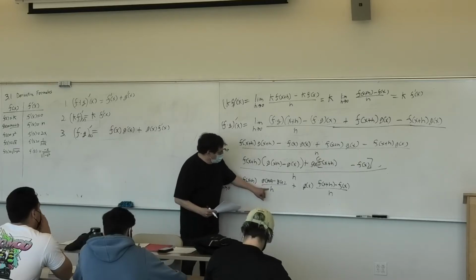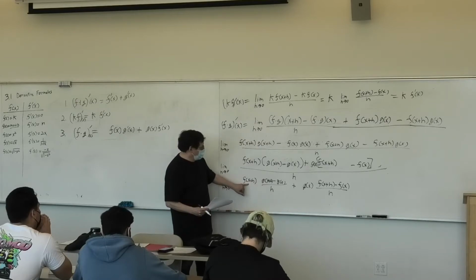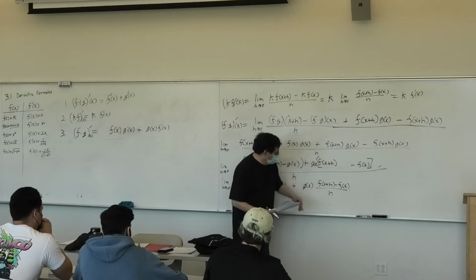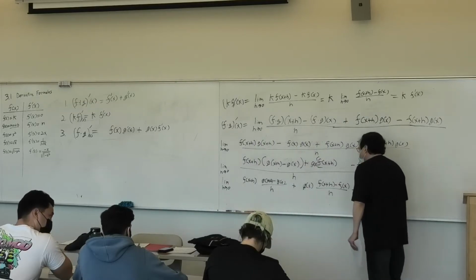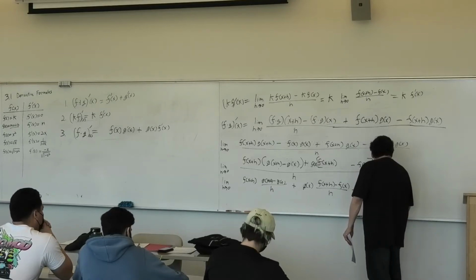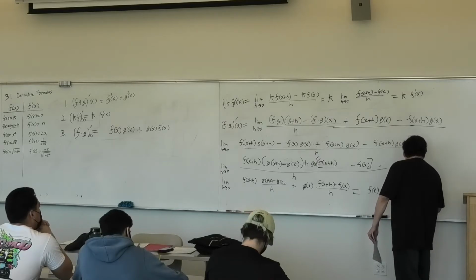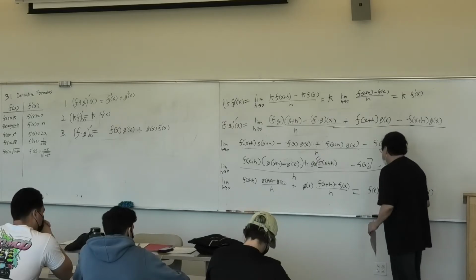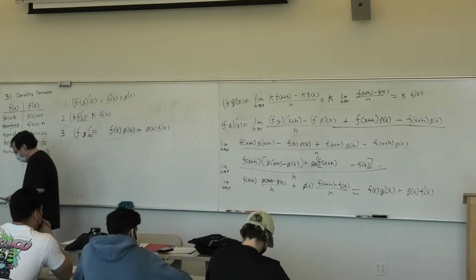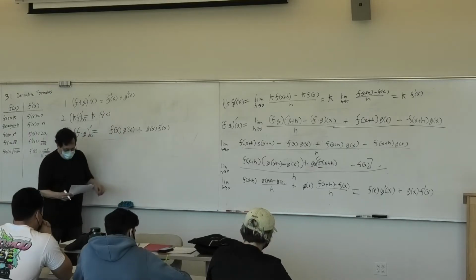Well, this limit here is just the derivative of g. And this is just going to go to f of x. This is g, and this is just the derivative of f of x. So we end up with f of x, g prime of x, plus g of x, f prime of x. So that's our formula. That's how we derive it.